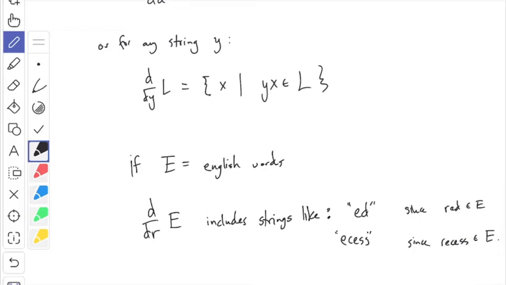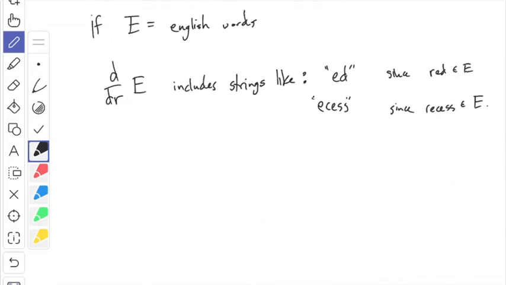That's for a single letter, but like I said, you can do this for an entire string. So for instance, d_bop of E. I looked this up actually. Anyone think of a word or a string which is in this set?